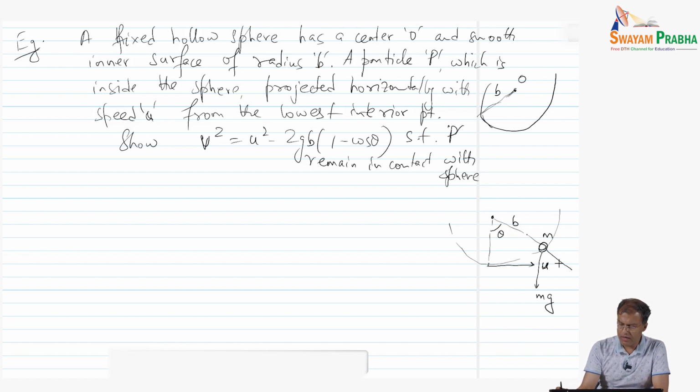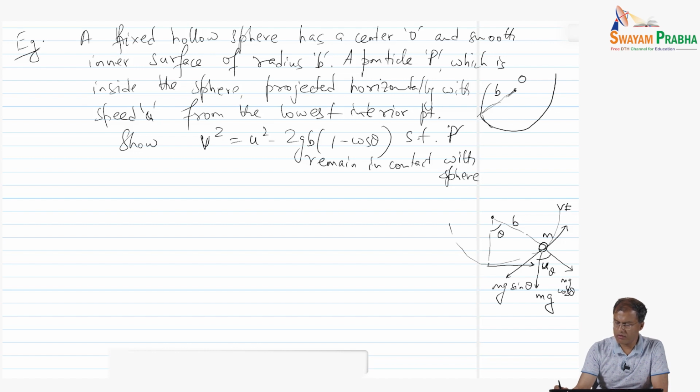So now we can complete the force diagram. This is theta as well, and we see that this is going to be mg cos theta, and this is going to be mg sin theta, right?